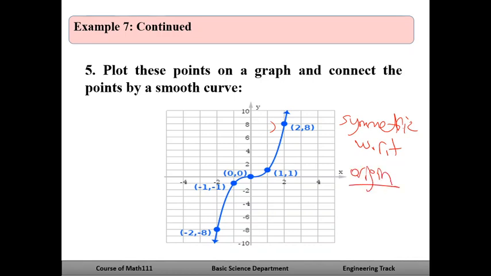It means fold it with respect to x, so I reflect it, then reflect it with respect to y. Then you will get another point on the graph. And if you take this part, reflect with respect to x, then reflect with respect to y, you will get the other side of the graph.